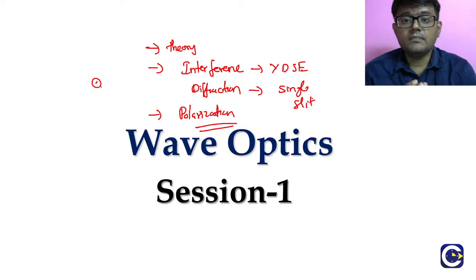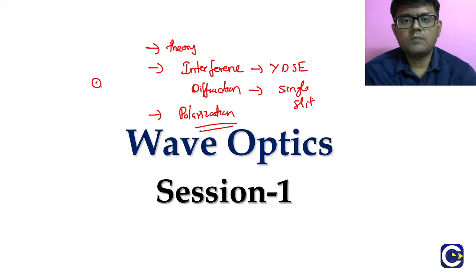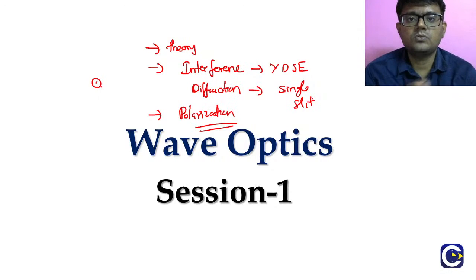Generally, the wave optics part is considered to be a little bit more sure in terms of scoring in competitive examinations, because at the end of the day we'll have a set of formulae coming out of these derivations or results, and mostly the questions will be limited to those formulae with a little bit of application involved.